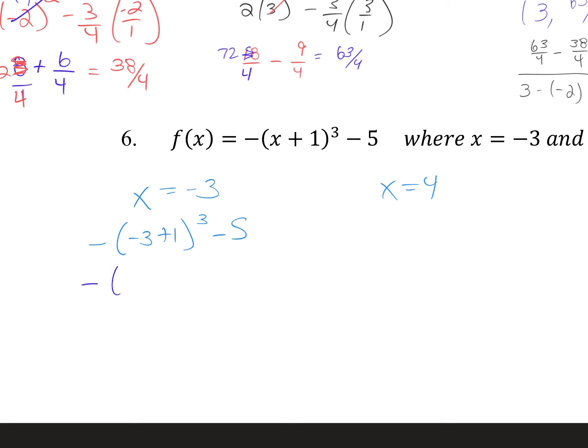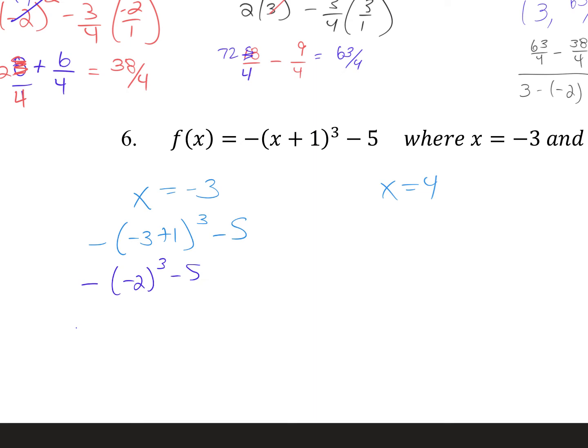So I have negative. What's inside my parentheses here? What's negative 3 plus 1? Negative 2 cubed minus 5. I don't suggest skipping a lot of steps here, because you're going to miss a negative sign. The next thing I would do is what? No. What? Use your PEMDAS.